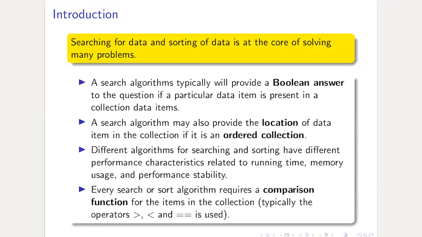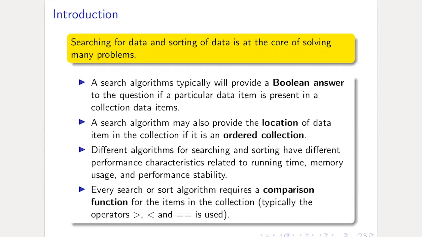Now, when we look at search algorithms, they typically provide a true or false answer to the question of whether an item is present in a particular collection. In addition, a search algorithm can also provide the location in which an item is present if it is an ordered collection.